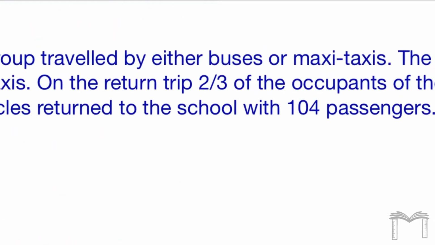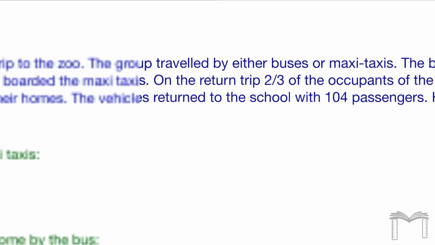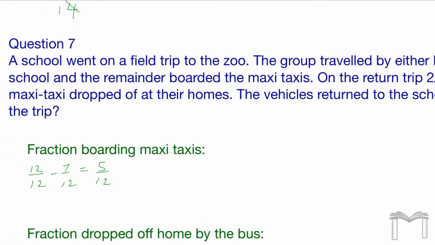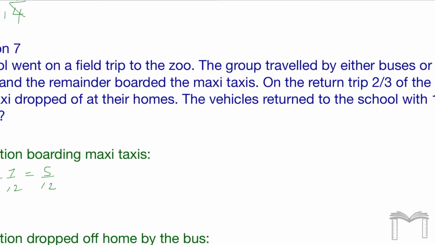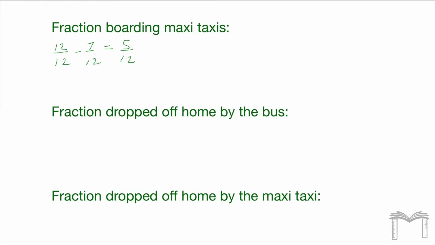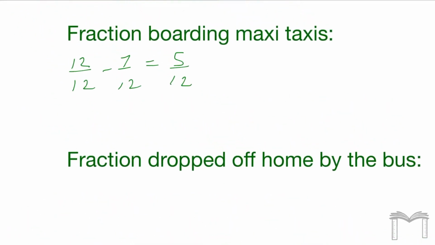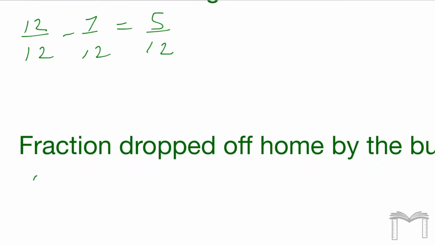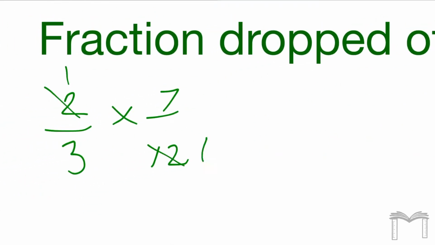So they told us on the return trip, 2/3 of the occupants of the bus dropped off at their homes, and 2/5 of those on the maxi taxis. So 2/3 of the persons boarding the bus, which was 7/12. 2 into 2, 1, 2 into 12, 6.